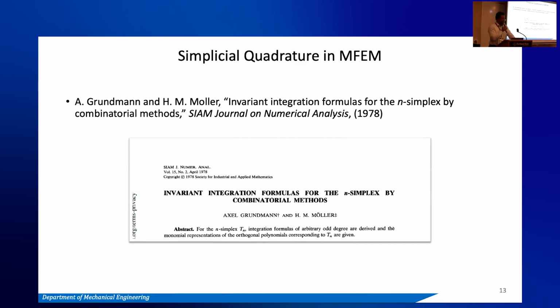And then they use a series of combinatorial identities to prove that the quadrature procedure they construct has a remainder of 0 for certain classes of polynomials with degree less than 2s plus 1. So it's almost like an attempt to construct a Gauss quadrature rule, but a symmetric Gauss quadrature rule on a simplex. So it's very nice.